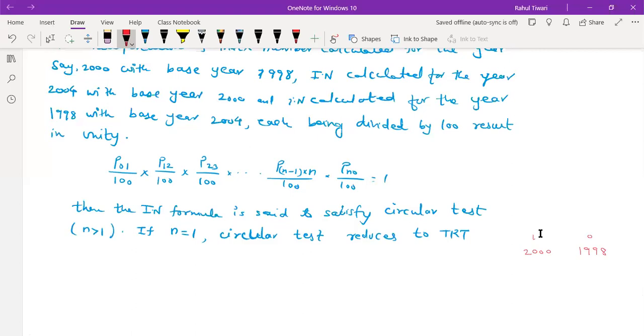So if I'm trying to use a Fisher index for the time reversal test, what is the formula? P01F into P10F divided by 100 divided by 100. If it is equal to 1, then I will say that the index number satisfies TRT, which means the Fisher index number satisfies TRT.